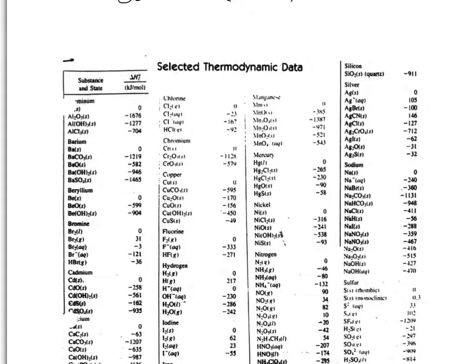And let's say in equation 1 here we have hydrogen plus 1/2 O2 yields H2O. We're going to make the hydrogen and the oxygen both gas.